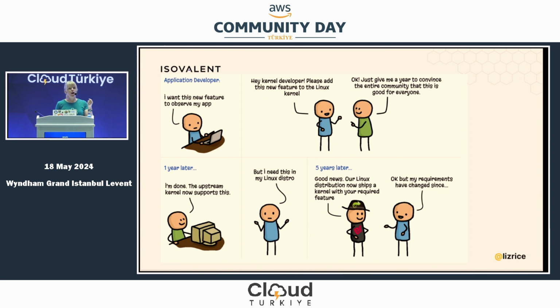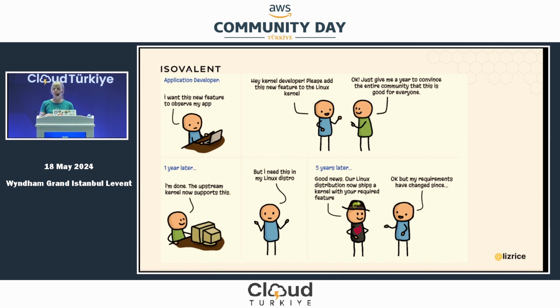And it's really useful to be able to do this dynamically, because typically kernel releases take literally years to go from being created by the upstream Linux team to running in the production environments that you use every day.